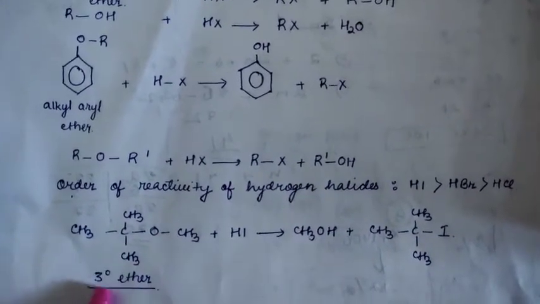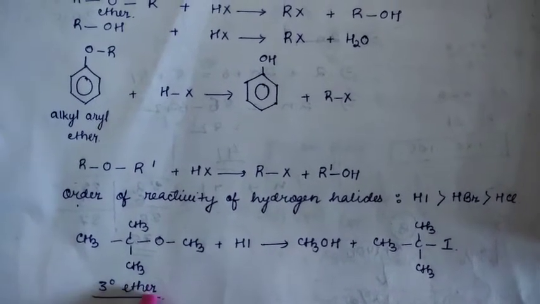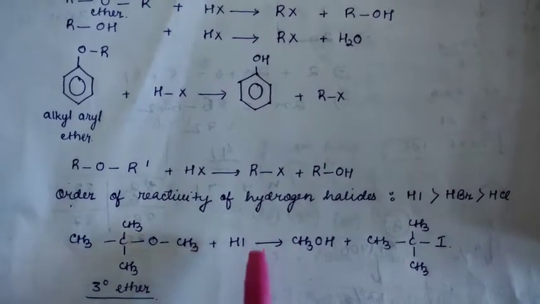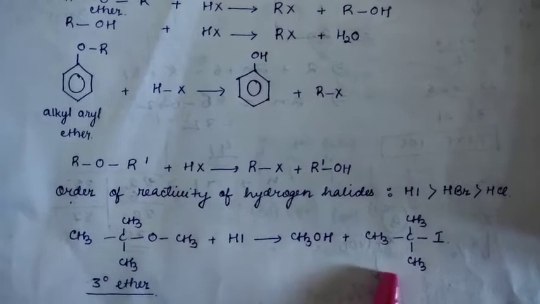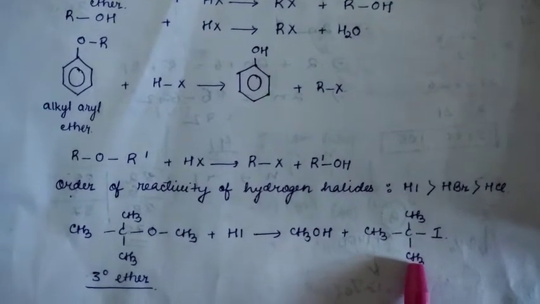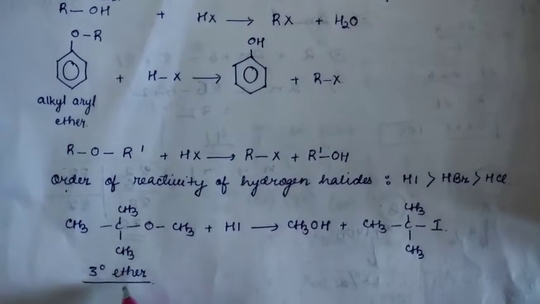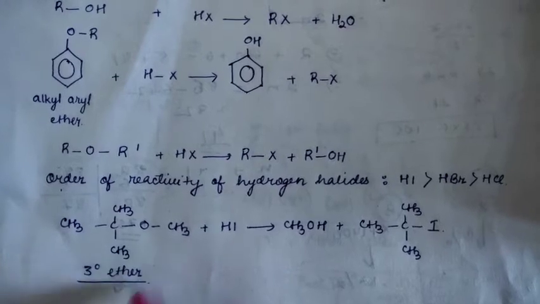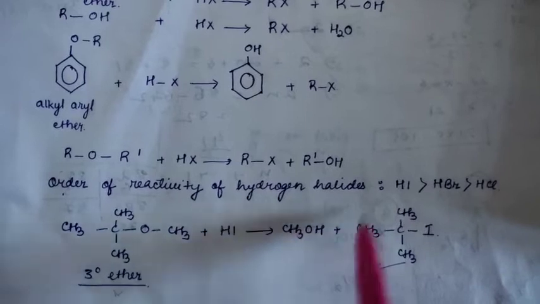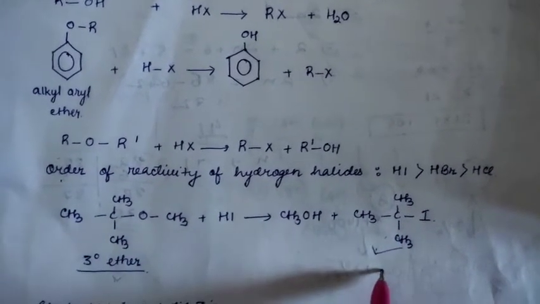But if we take a 3-degree ether, suppose we have taken the alkyl as 3-degree, and along with it we react hydrogen iodide, what happens? We will get a tertiary or 3-degree alkyl halide, and this is the alcohol. So remember, when it is a tertiary ether, in place of RX you will get a tertiary alkyl halide.